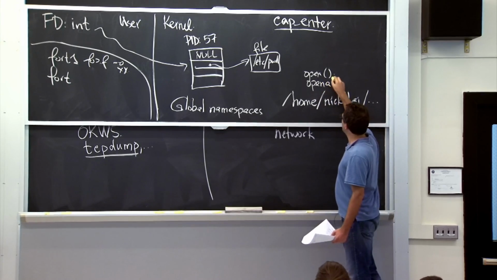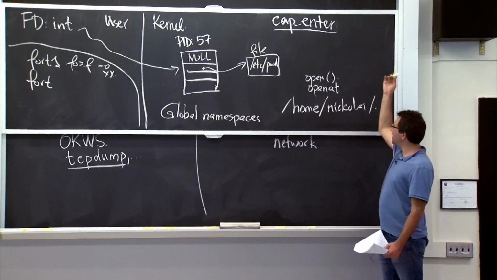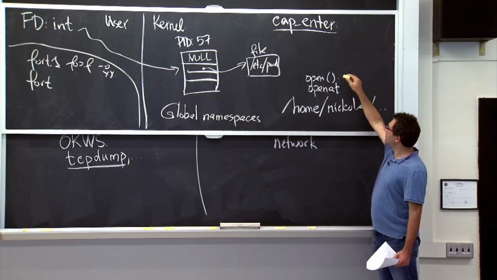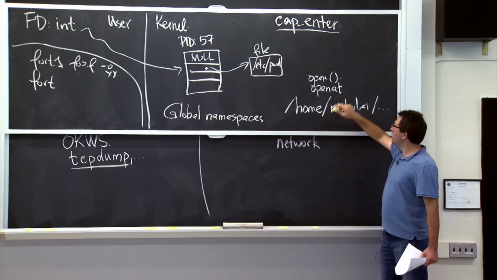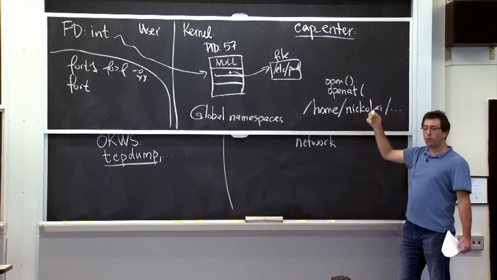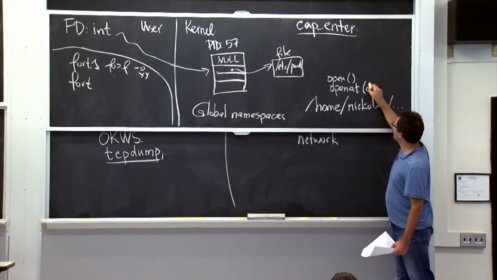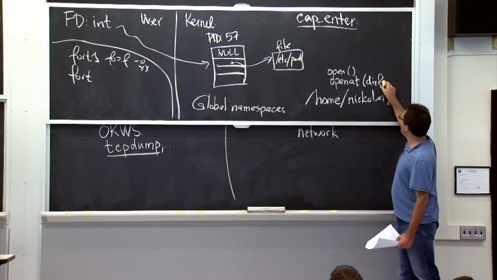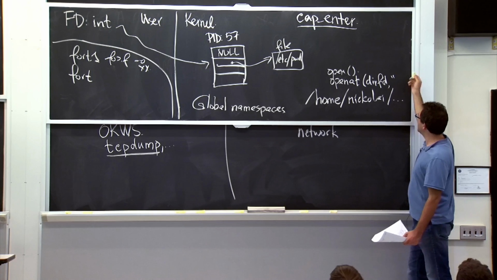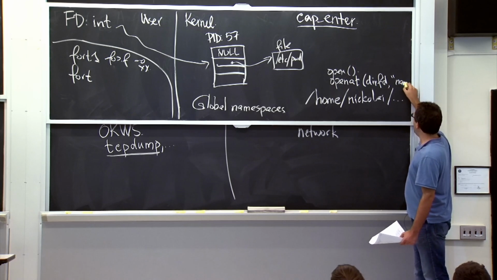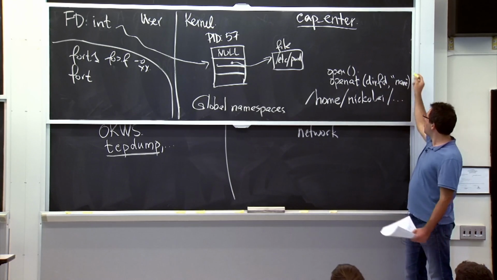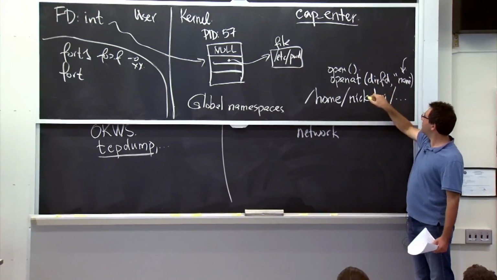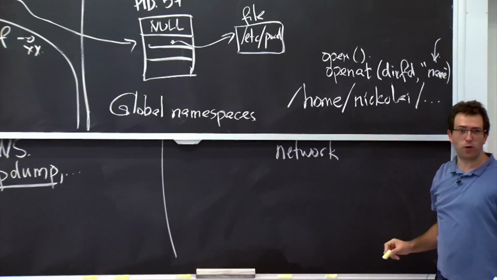So there's this new family of system calls in Unix-like operating systems where instead of having open take a single path name, you can use openat, where you pass in a first argument, which is a file descriptor for a directory, and the second is a name. And this openat system call will open this name relative to whatever directory this file descriptor points to.